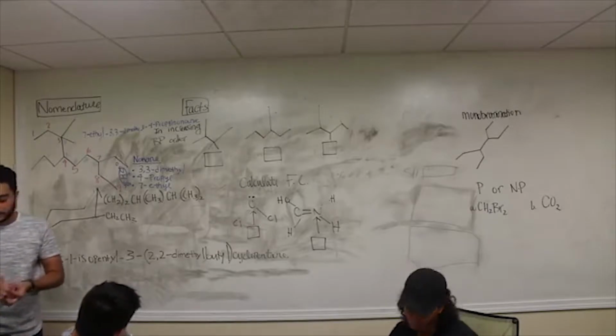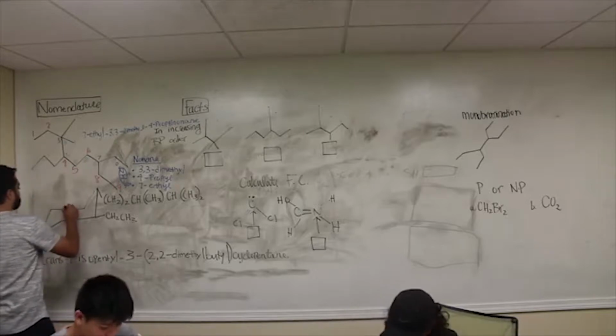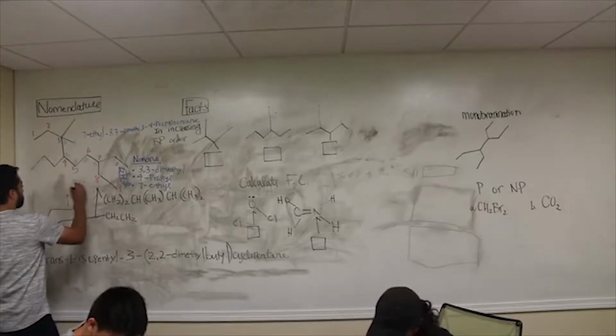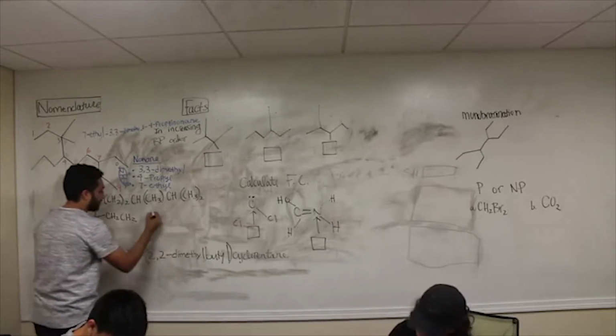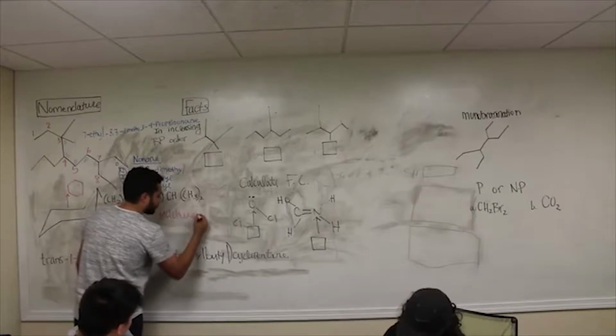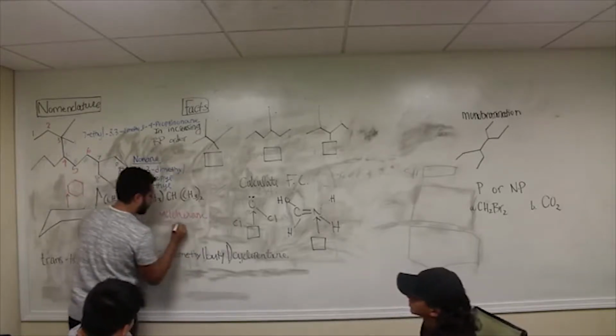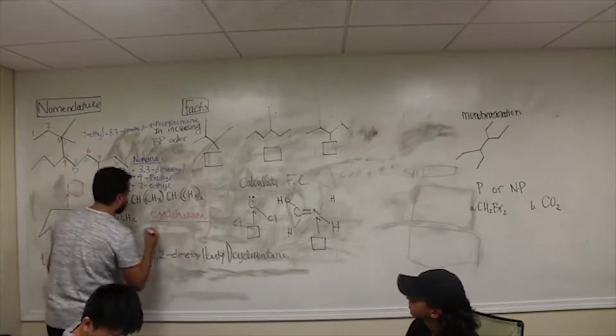Next one, what's the parent for that? Cyclohexane. Good. And just remember, if you see a chair diagram, that equates to a cyclohexane ring. So our parent is cyclohexane. We can look at the numbering last, so I'll just put a number.